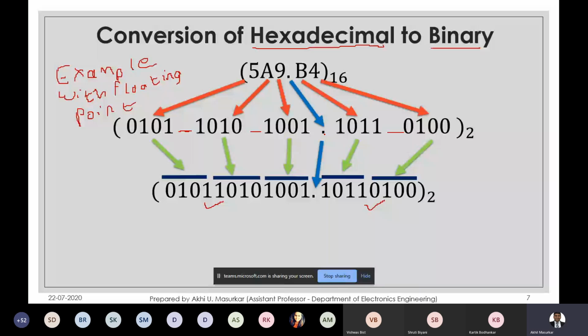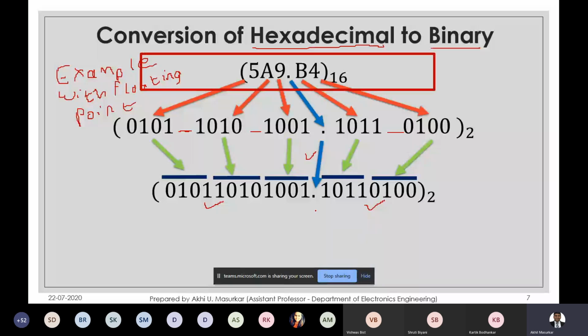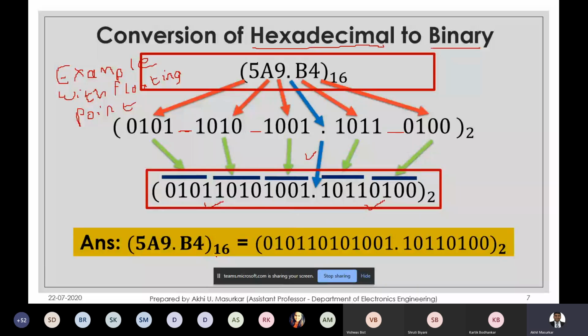And the position of the floating point is maintained. So the answer would be 5A9.B4 in 16 is all this, with the floating point position maintained and all the binary bits on the other side. Now please don't skip these bits just because they don't make a difference, these zeros and these three zeros, don't skip them. You have to write them as it is.